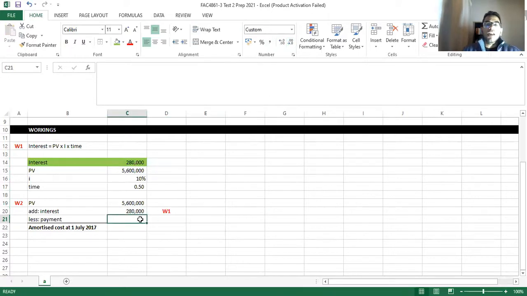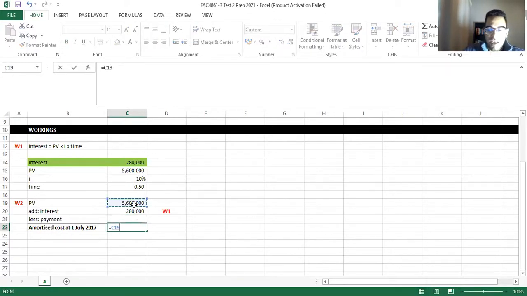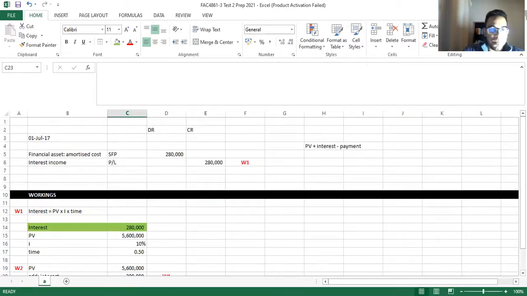Then the only payment we will receive would be the payment at 31 December 2017. We're not going to reach that point, so the payment for the period is 0. So present value plus interest minus the payment: the amortized cost amount at 1 July 2017 is 5880.